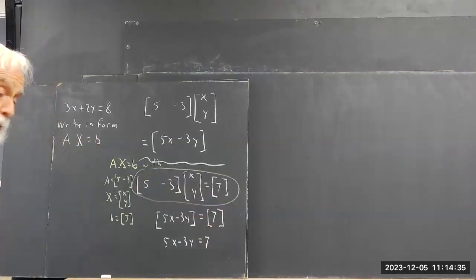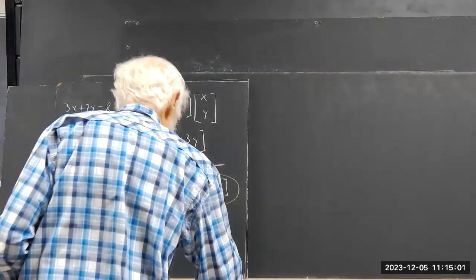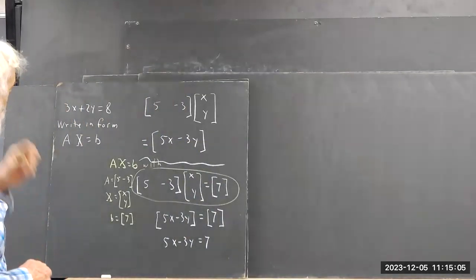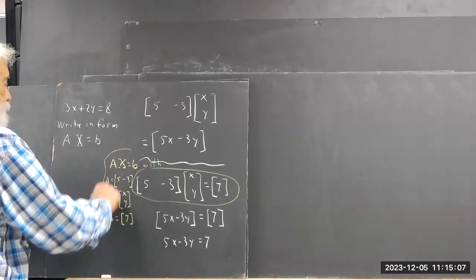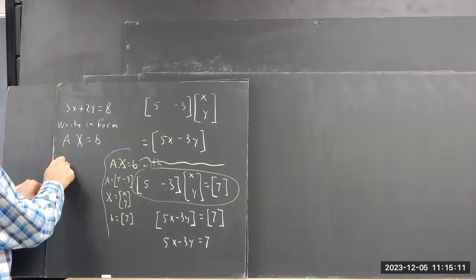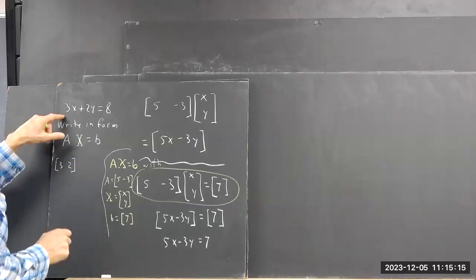So how would you write this one? I would say you already done it, but let's check. Now, as I hope everybody got it. A is just the 3 and the 2.